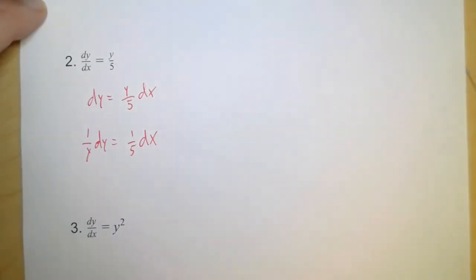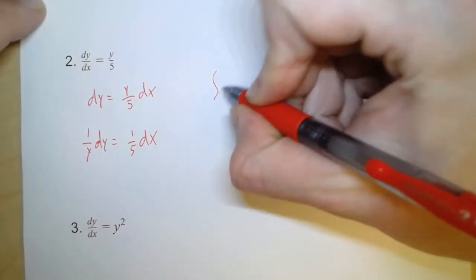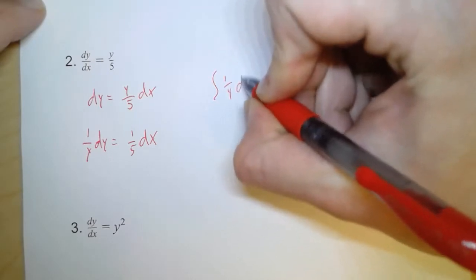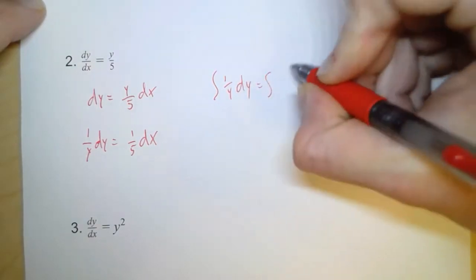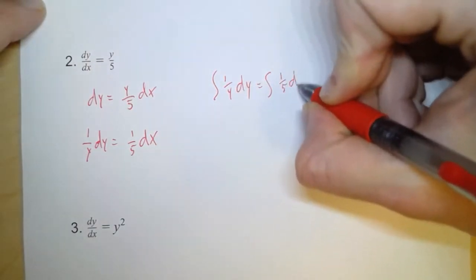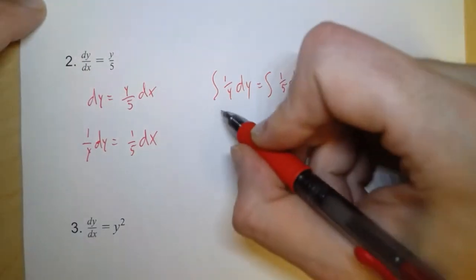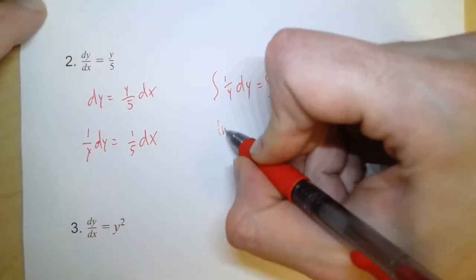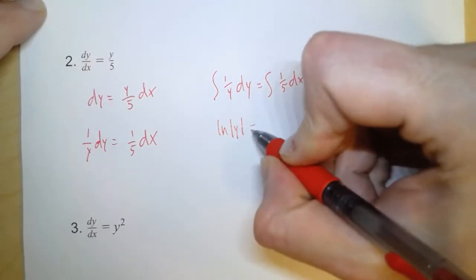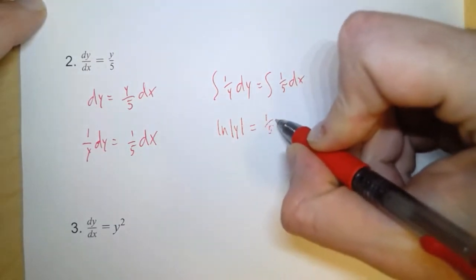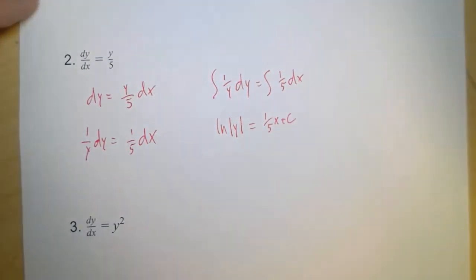That's step one. The second step is we integrate. So the integral of 1 over y dy equals the integral of 1/5 dx. So we get ln of absolute value of y equals 1/5 x plus c.